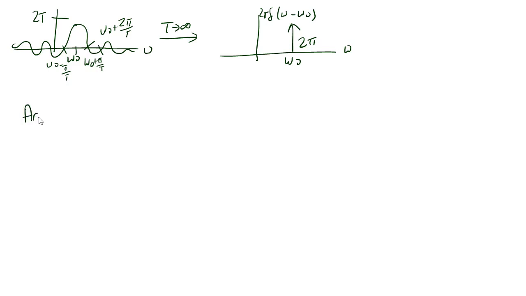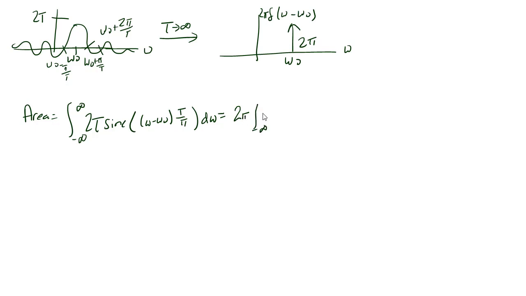So the area is going to equal the integral from minus infinity to infinity of 2t sinc of (omega minus omega naught) t over pi d omega, which we can rewrite as 2 pi, the integral from minus infinity to infinity, 2t sinc of (omega minus omega naught) t over pi, multiplied by e to the j0, d omega over 2 pi.